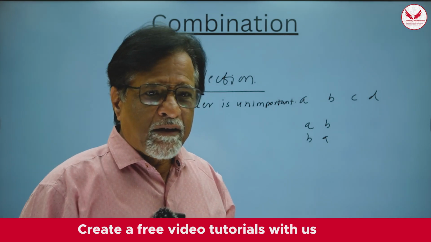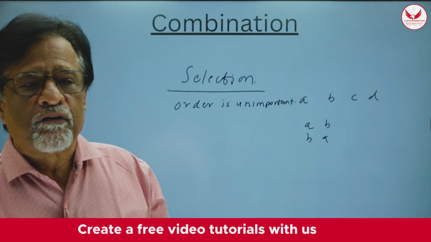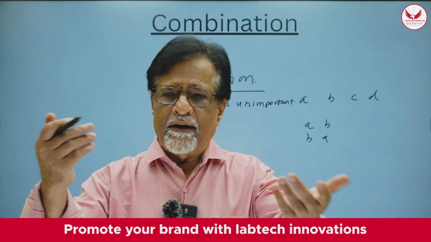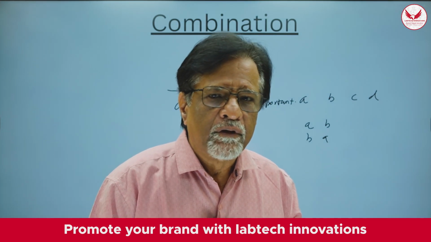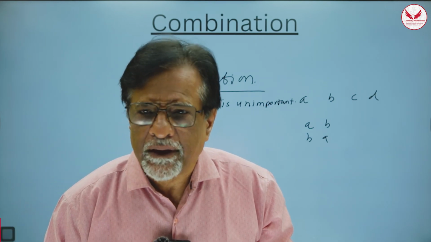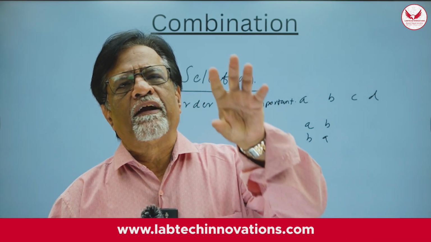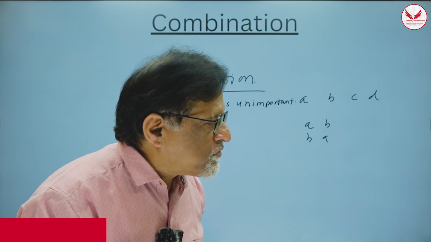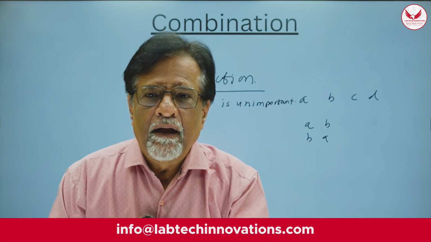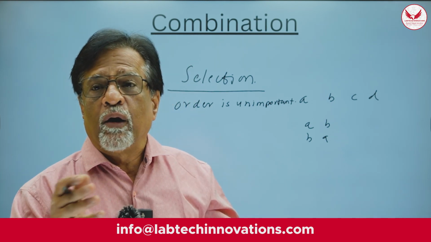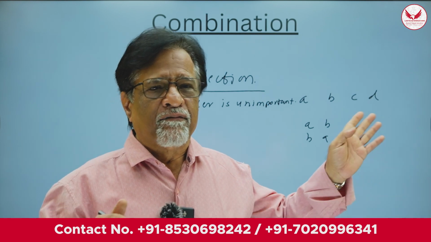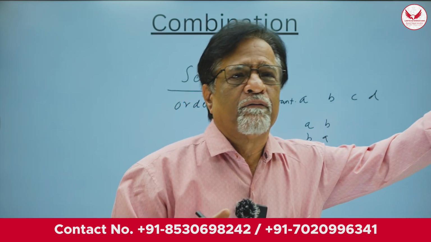Now, where do permutation and combination come together? Suppose you have got a job interview and there are 4 candidates appearing. You are going to select only 2. Suppose I have selected candidate A and candidate B. Now, there are 4 chairs in your office, numbered first, second, third and fourth, and you are going to allot those chairs to these 2 people.